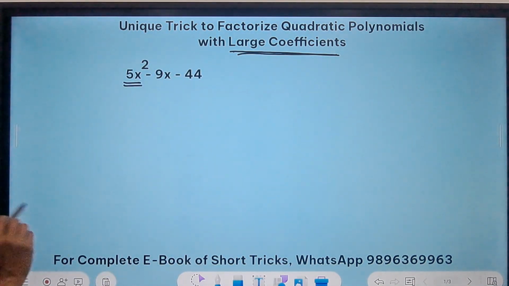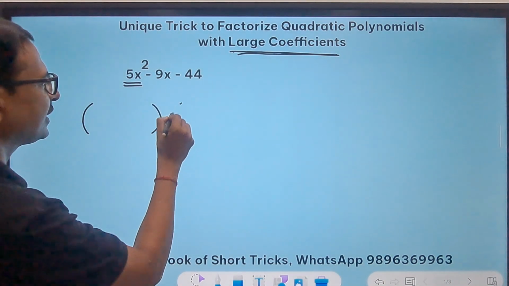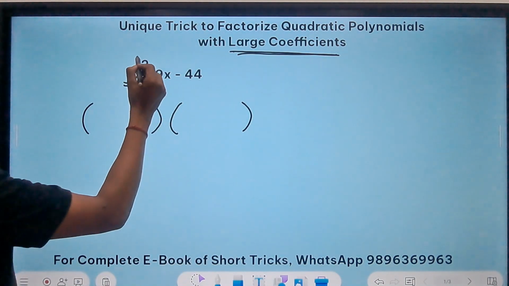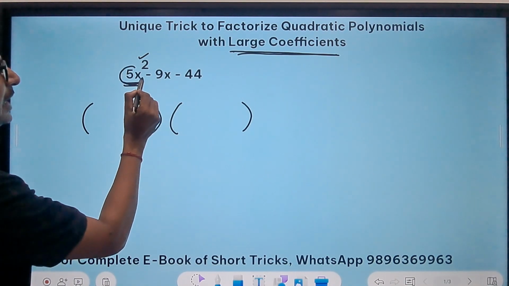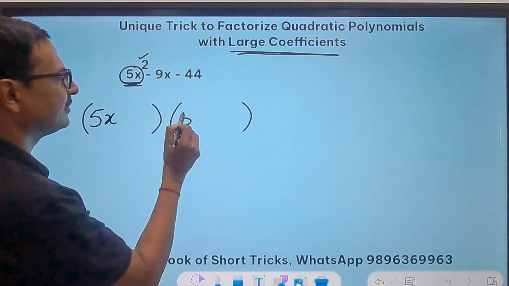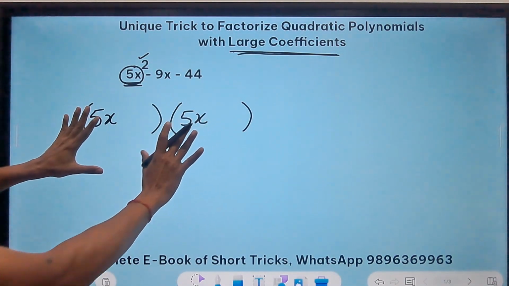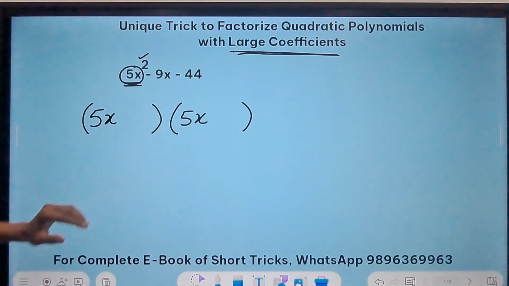So the first thing I am going to do is to have 2 factors in the brackets, and for both the factors, just ignore this square here, and you have a 5x, so I'll write a 5x here and a 5x here. Now, what is the second part? Now these are the factors. We will have one more step, after which you will have your final answer.